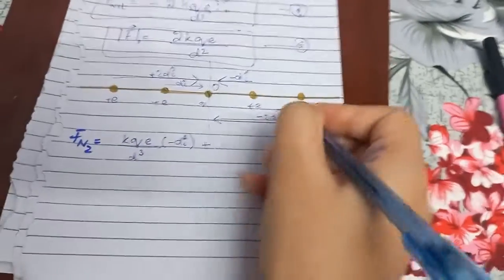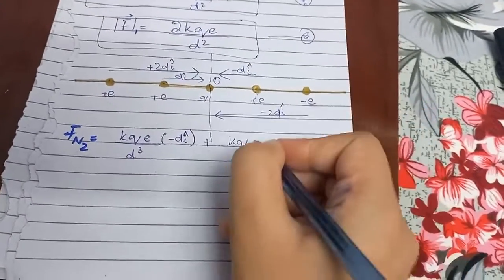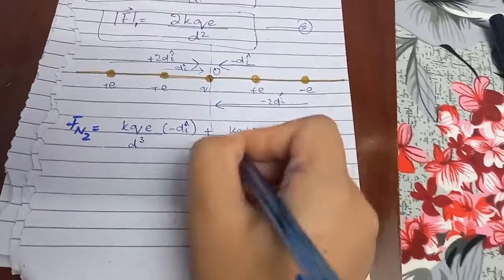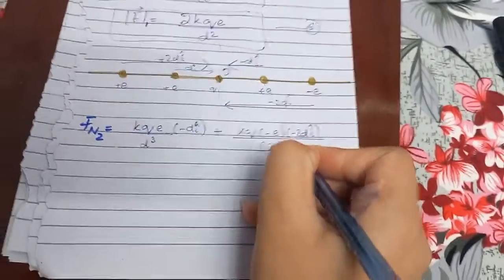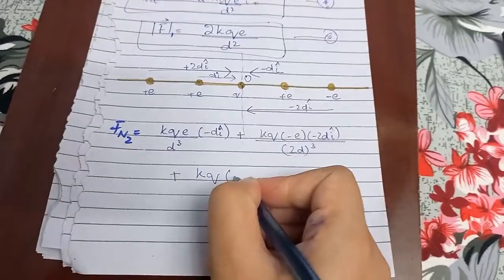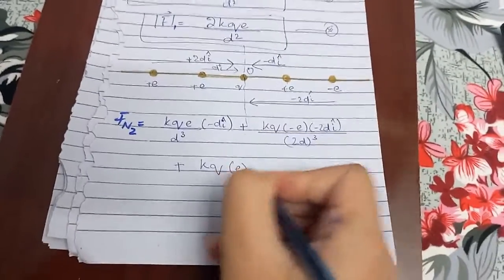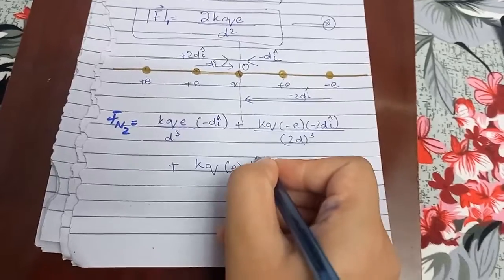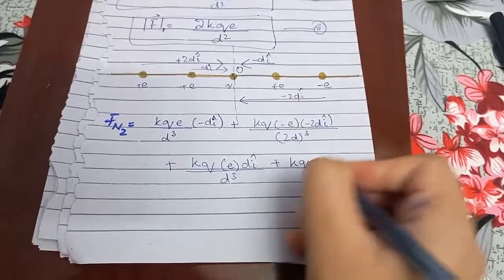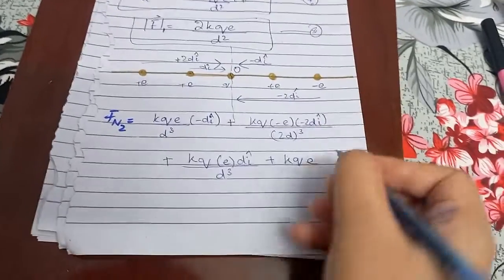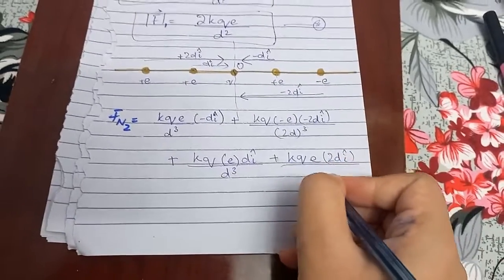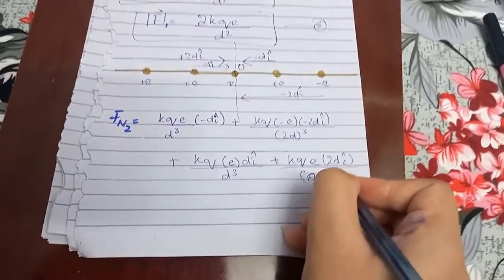Then plus k q, the charge is minus e, the vector is minus 2d i hat, and the magnitude is 2d whole cube. Then plus k q, the charge is plus e, the vector is d i hat and the magnitude is d cube. Then plus k q, positive charge so again e, and the vector is 2d i hat, with the magnitude 2d whole cube over it.